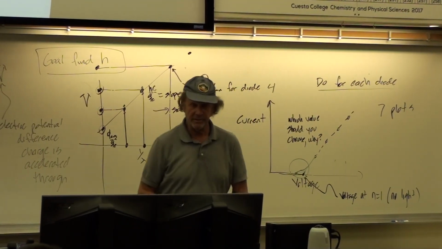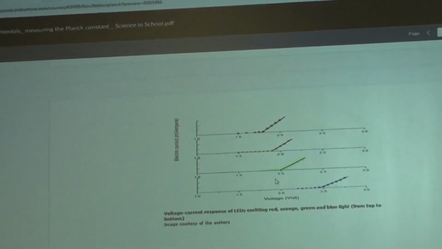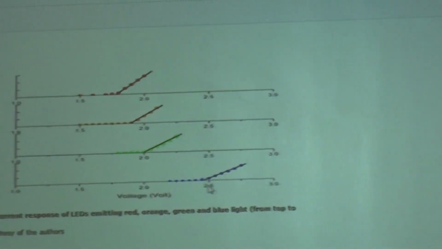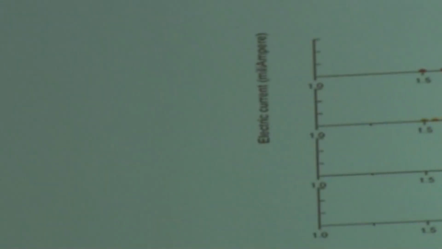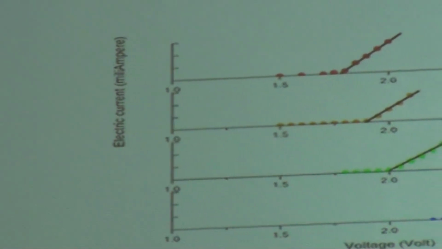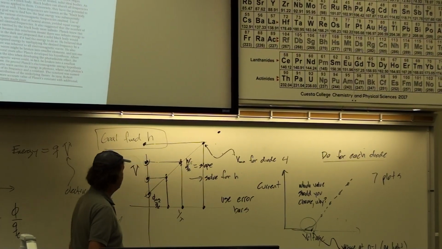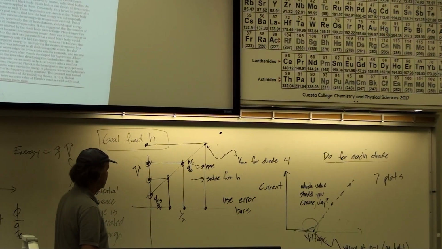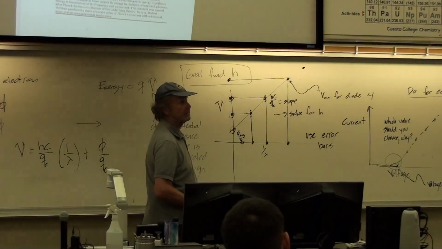And so each one of these, as you can see here, this is for the red one, this is for the green one, blue one. They're shifted a little bit. And so that corresponds then to the fact that we have to have more voltage in order to overcome the impetus for a smaller wavelength.